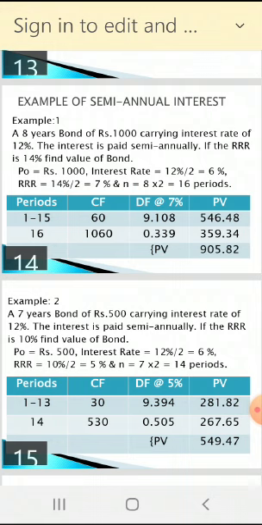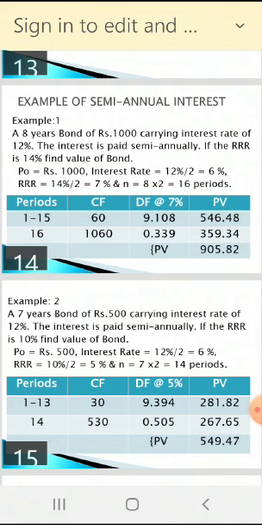How to find the factor, I also explained to you a number of times using the calculator: 1 divided by 1.07 is the first year, then the second year, third year, fourth year, fifth year, and go up to 16, you will get 0.339.